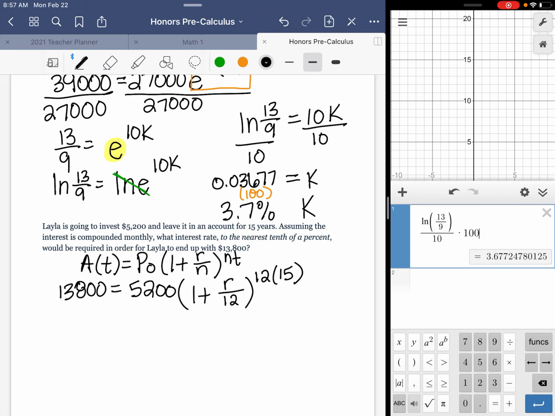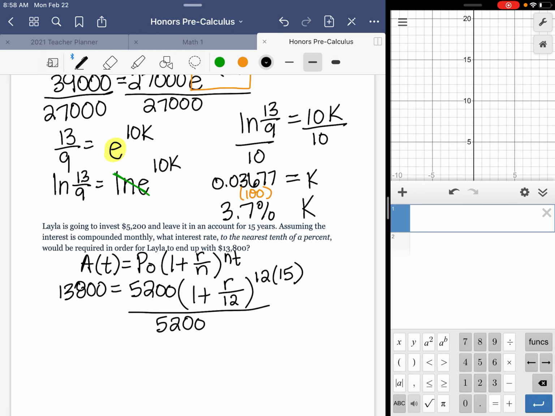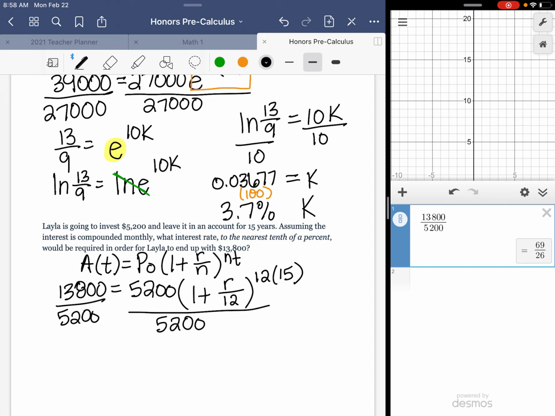So once again, we're at this situation where we've got to get that base by itself. Once we can get this base by itself, then we have a lot more that we can work with here. So I'm going to start by dividing by 5,200. All right, so I'm going to turn that back into a fraction to make sure that we have an accurate answer.